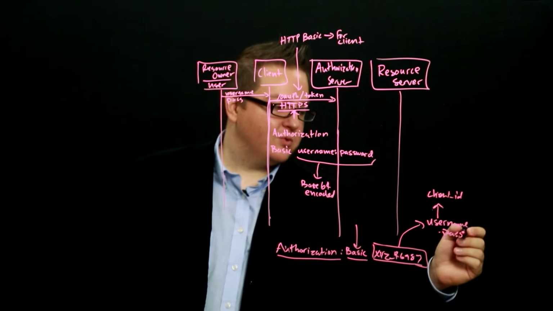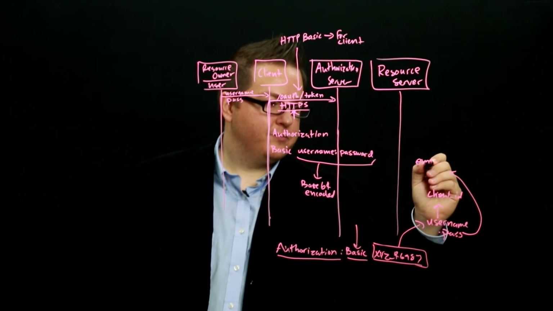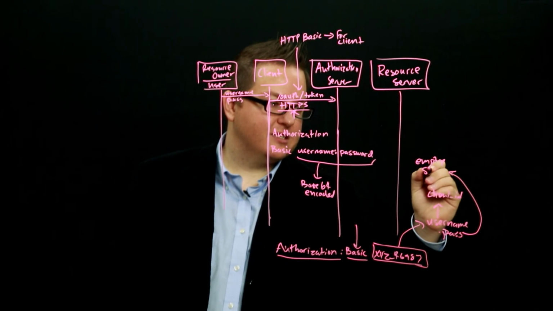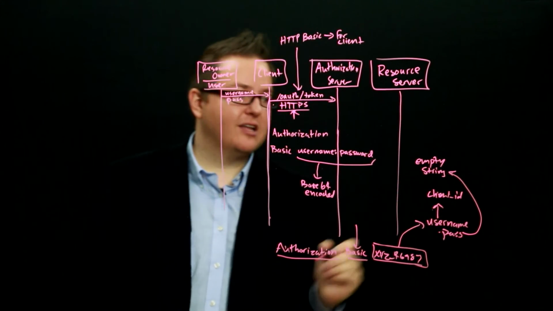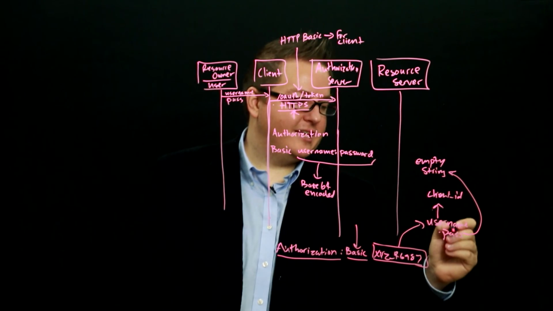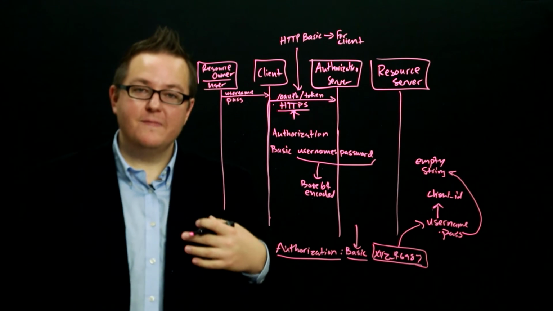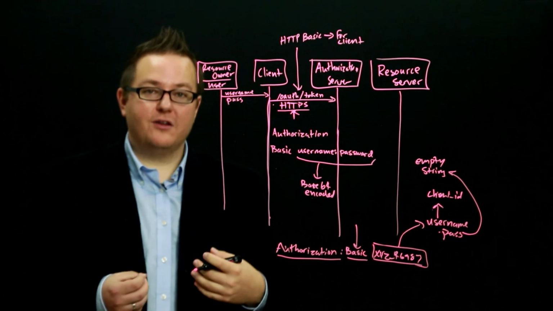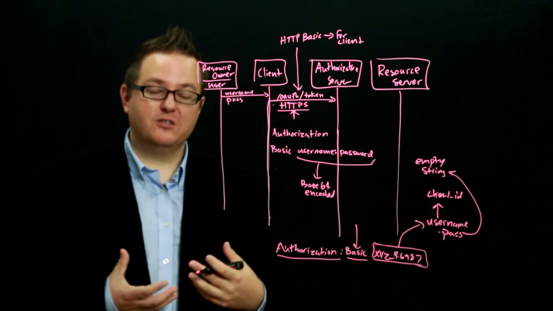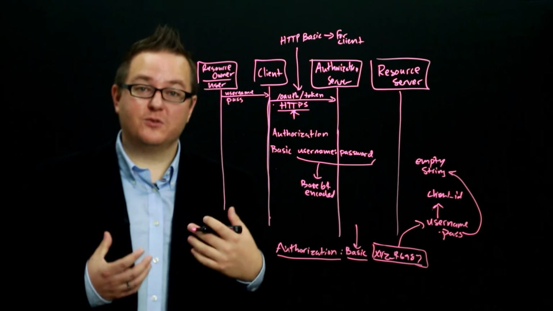And then the password in our case is just the empty string, because we don't trust the clients to have a client secret. If you did trust them, the password down here would be the client secret. But in our case, we can't trust the platforms that our apps are running on, somebody else's mobile device. If they took our app, they could easily extract the client secret, so we're not going to be providing one.